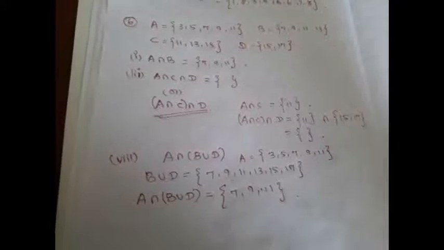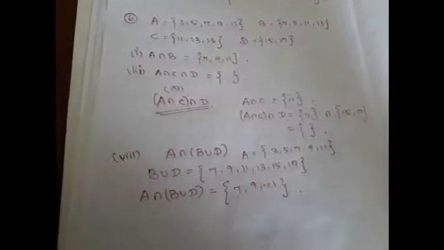Which means set A and set B are both infinite sets. Then set C is the set of all x such that x is an odd natural number. It will consist of odd numbers. Again, it's an infinite set. Set D is the set of all x such that x is a prime number. Again, it's an infinite set. So all the sets given in problem 7 are infinite sets.